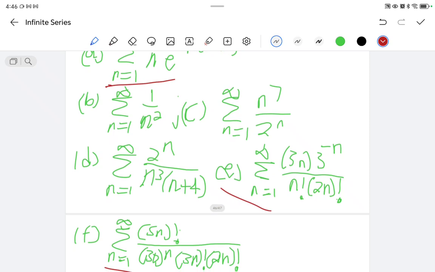C is a bit simple also, but it might require you to use Pascal's rule, but we'll see if you can come up with another approach. From mathematical induction, you had something like this. I'm not saying you should use mathematical induction, I'm just saying you had to do something. As long as you know how to expand that, it's going to be simple for you.